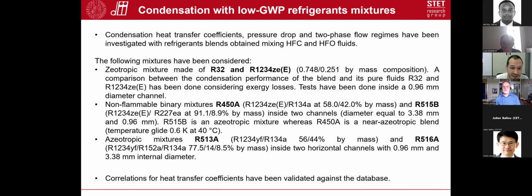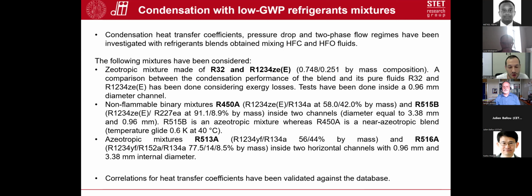The glide is negligible, so R515B is an azeotropic mixture, so the glide is close to 0. And R450A is a near-azeotropic one. The glide is very small. We also studied two other mixtures, both made by R1234YF, and they are the 513A and the 515A.